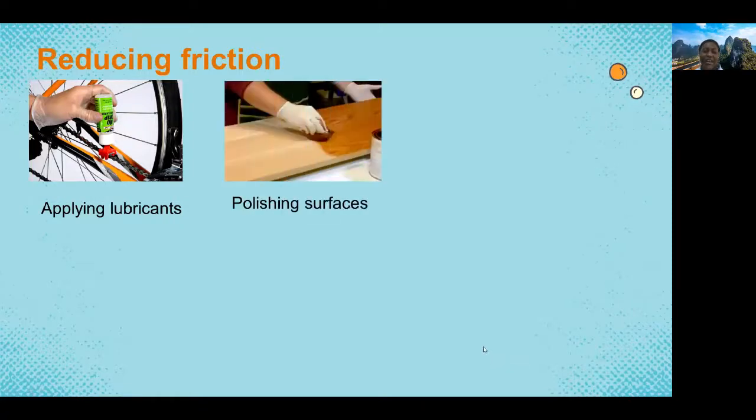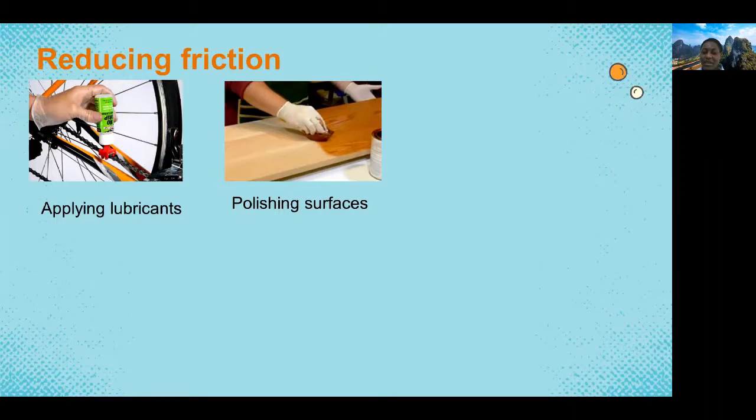And next is polishing surfaces. Like you make tables. In order to reduce friction, we have to make the tables so smooth. When the tables are smooth, even cleaning up becomes so easy.